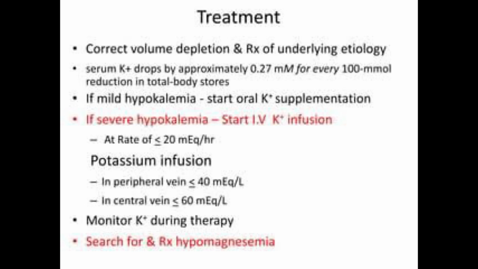And if we are starting the infusion in the central vein, central means, as I already told you, if the patient is in critical condition, he or she must have a CVP insertion, so in that we can start the infusion rate at less than 60 milliequivalent per liter.